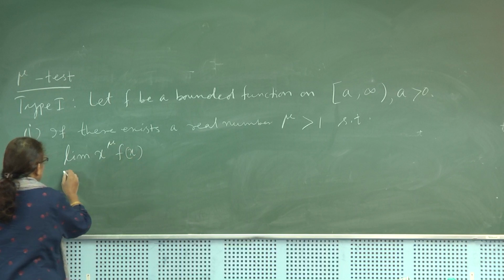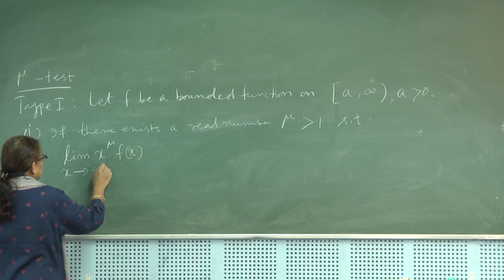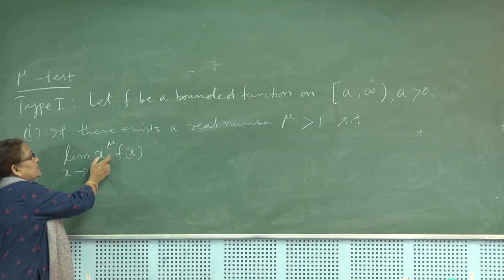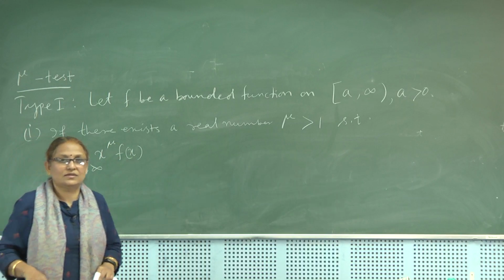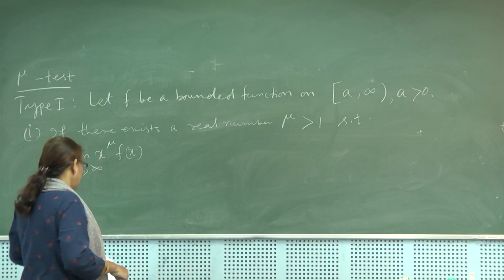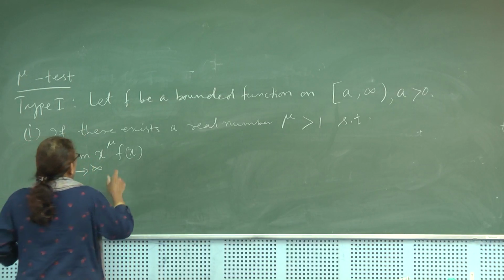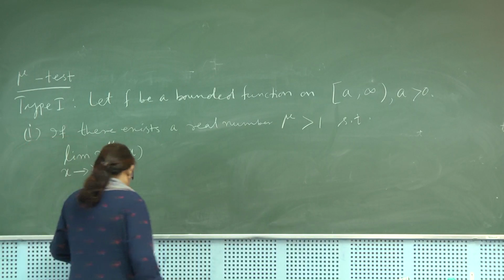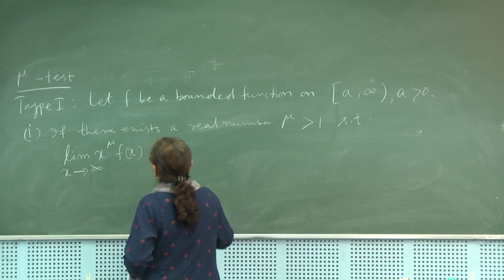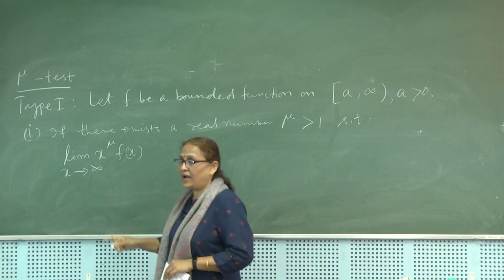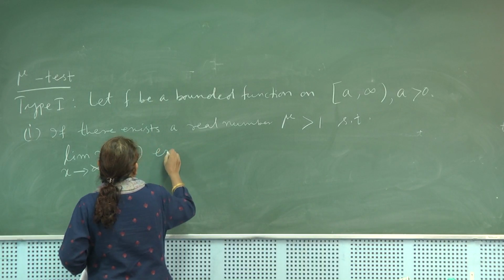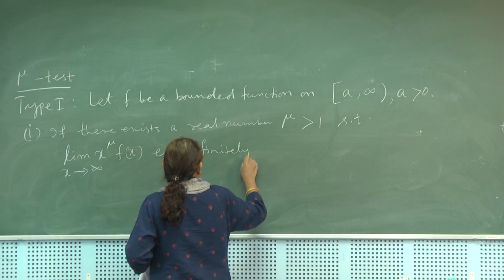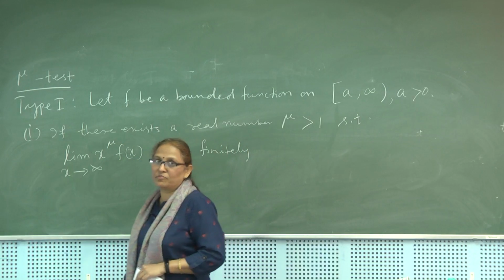We multiply this factor x to the power mu with the given function f x, and we check the value of this limit. If this limit exists finitely, it means it exists and it is a finite number.